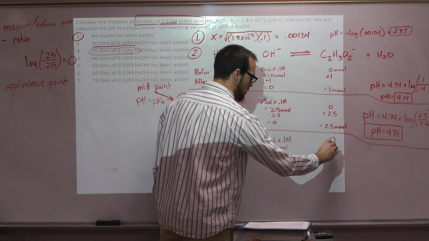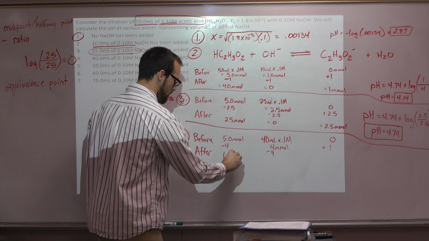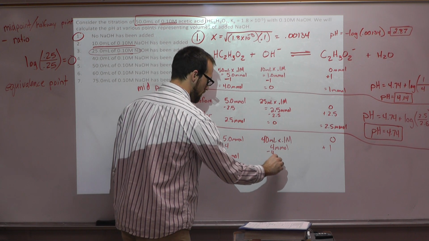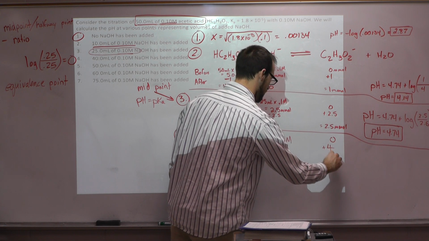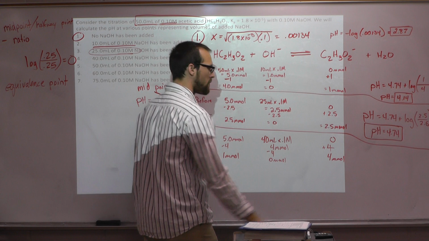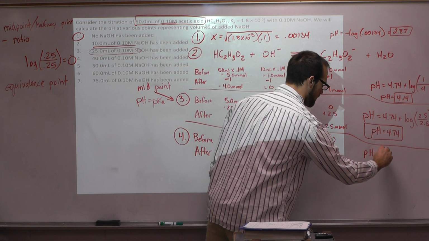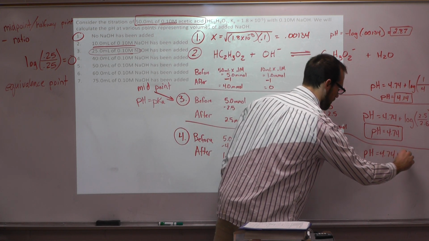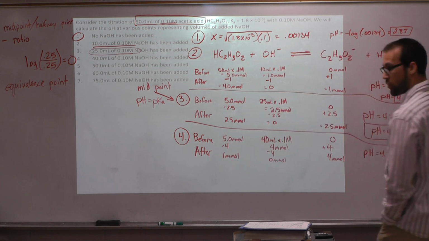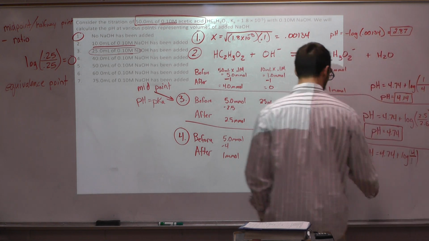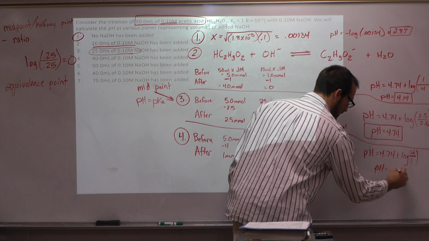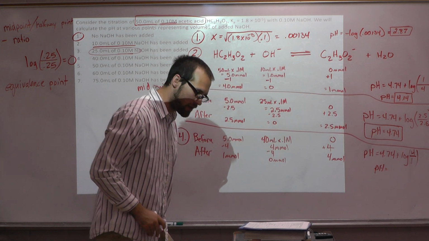Subtracting 4 and adding 4 will give me 4. pH of 4/1. Well, a ratio of 4/1, so your pH is going to be whatever that comes out to be, 5.34.